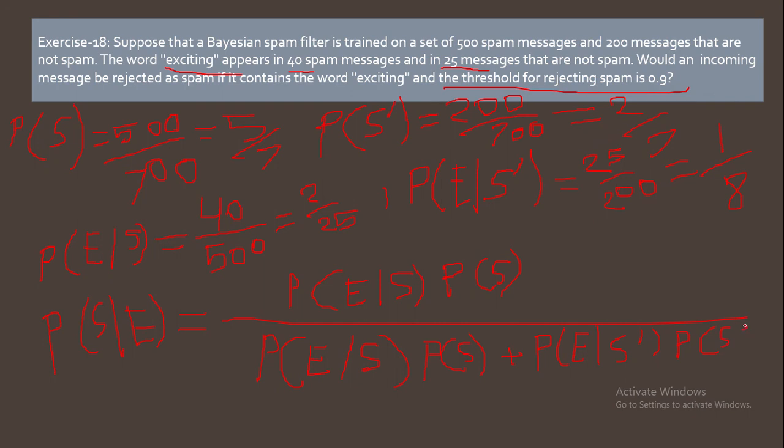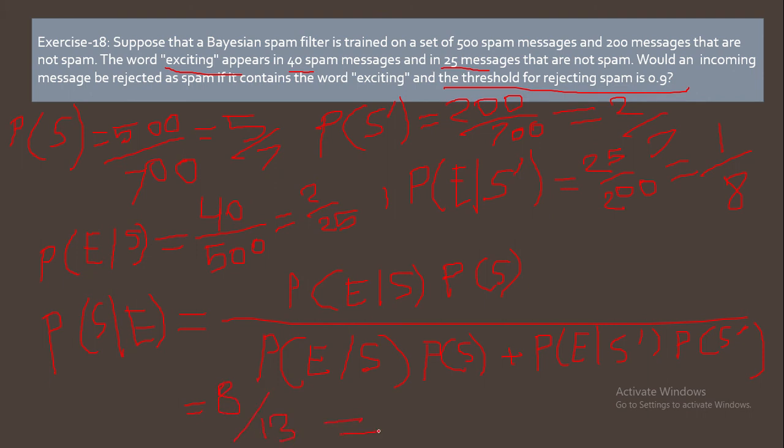So if we solve, now we have the values. If we calculate, the result will be 8 by 13.